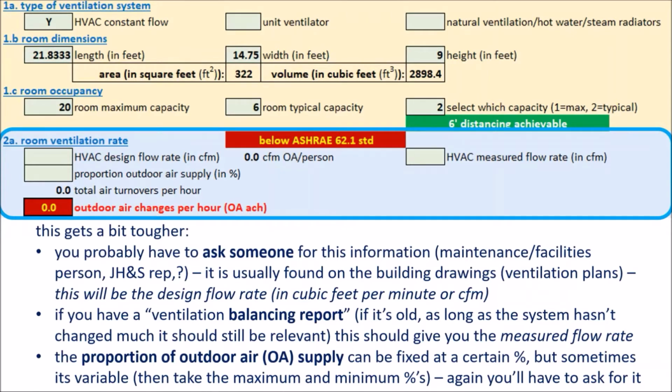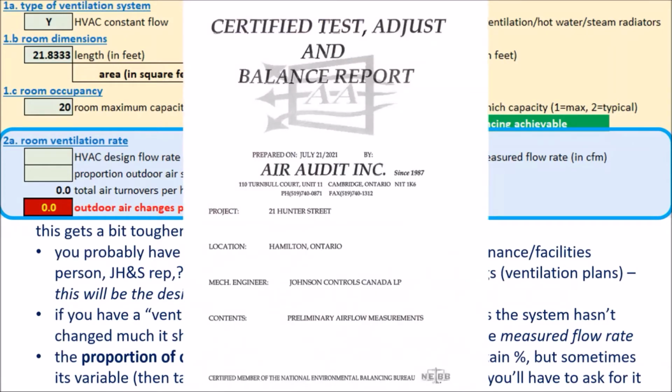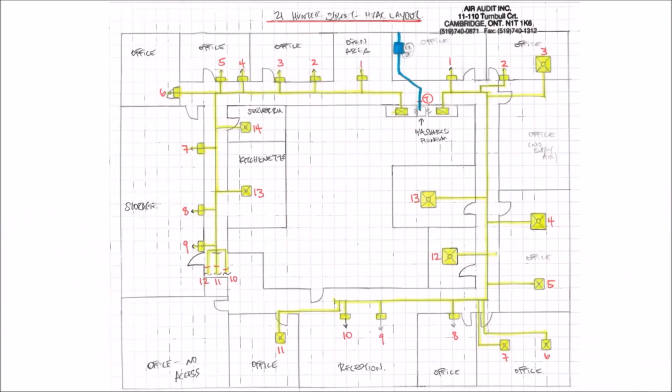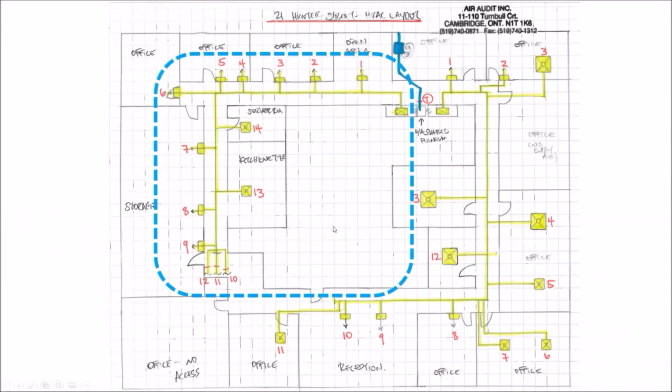And then it will calculate the total air turnovers and also how much of that air turnover is fresh air, so outdoor air changes. So for our building, we actually did have a balancing test that was done this past July. So at the appendix of the report was this drawing, and there are 2 ventilation systems, and this is the one that we were interested in. And since we're interested in this room that's called storage room, in July it looked like a storage room because it was chock full of junk instead of a training room and what it was supposed to be.